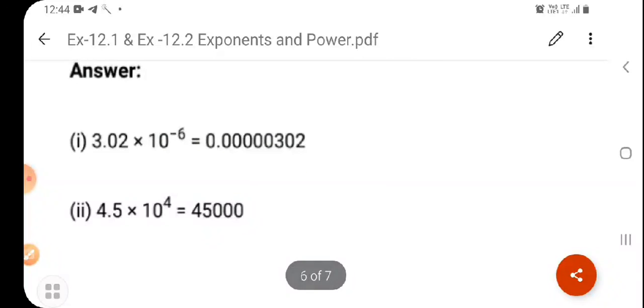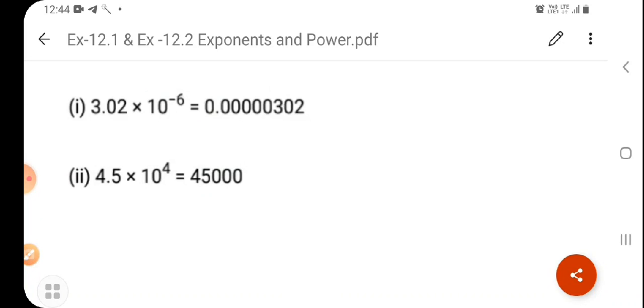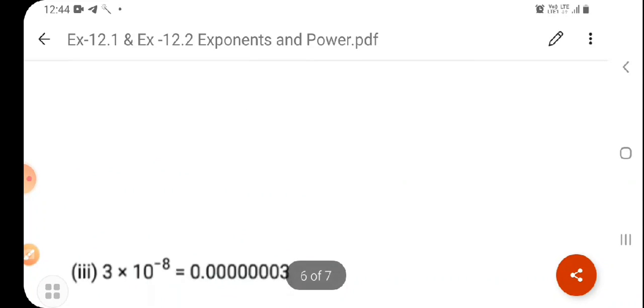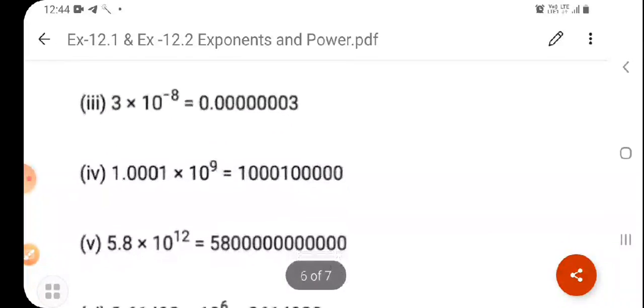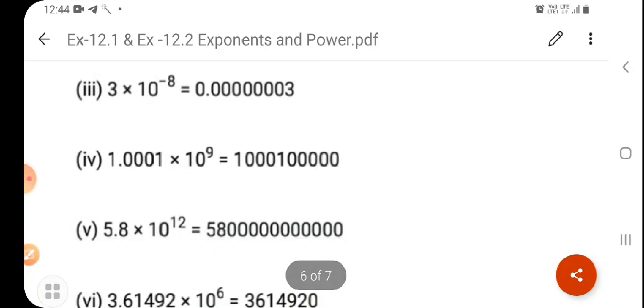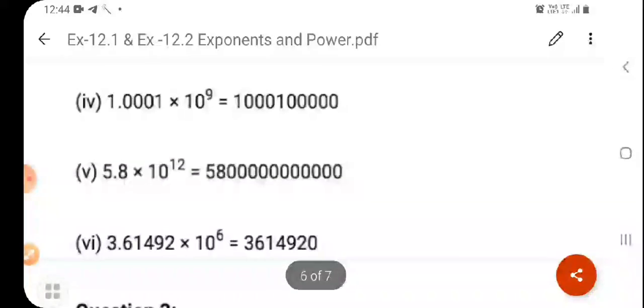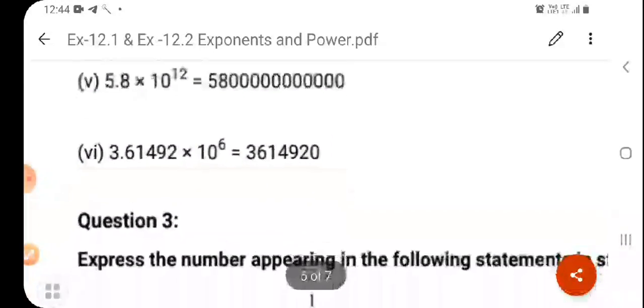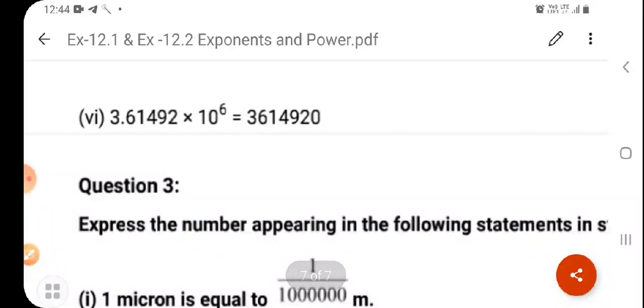So 4.5 into 10 to the power 4 can be written as 45,000. 3 into 10 to the power minus 8 can be written with 7 zeros and then 3, and we just take it in the denominator. If we want to solve it, 10 to the power minus 8 can be written as 1 upon 10 to the power plus 8. Then divide the number of zeros and put the decimal place. So in this exponential form we change into the usual form.